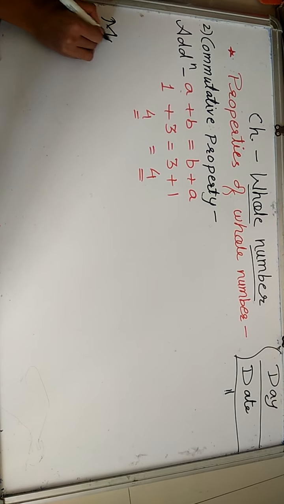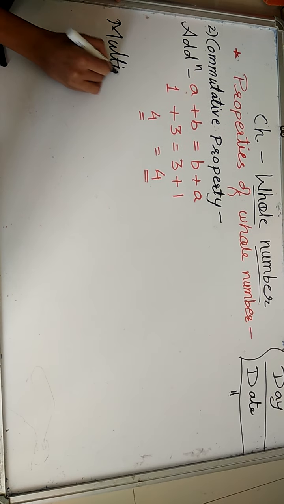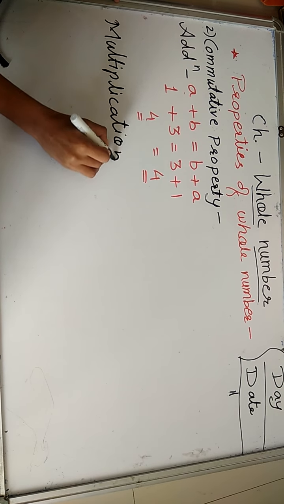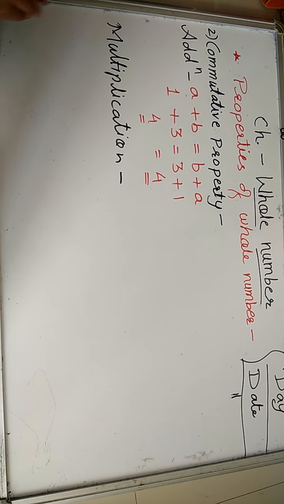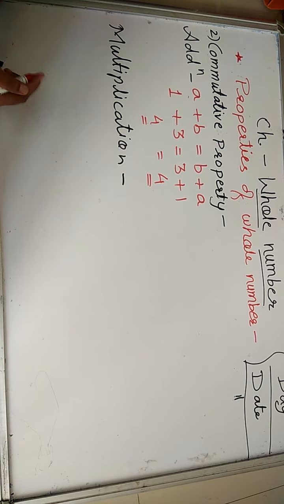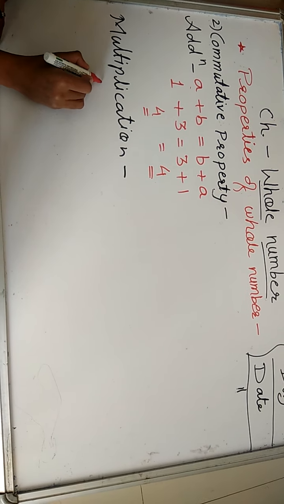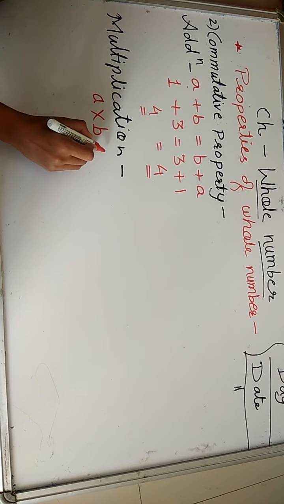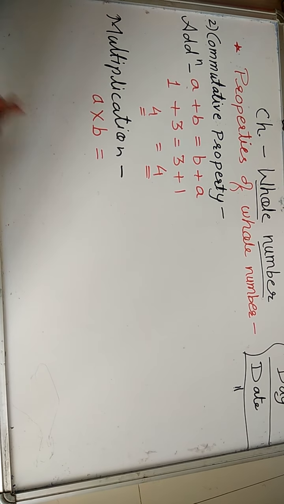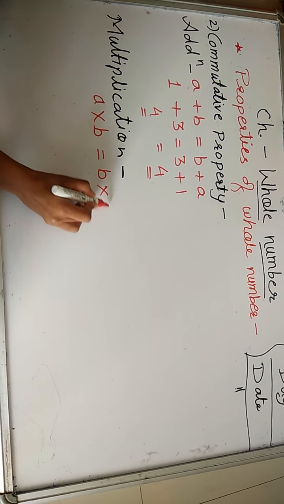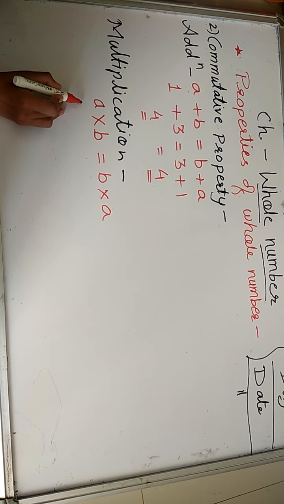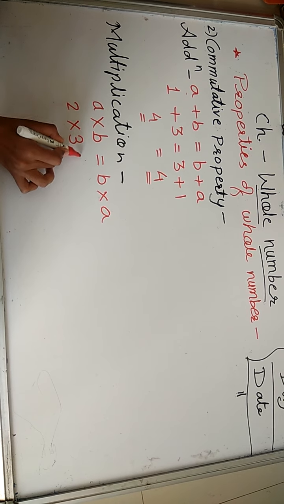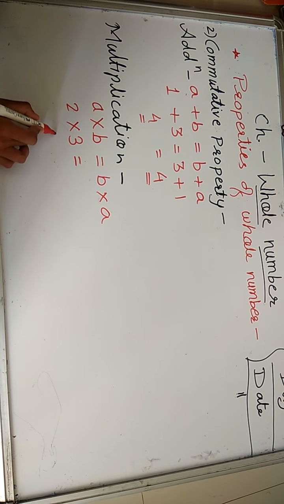Now commutative property for multiplication. If we multiply two whole numbers, their product remains the same even if we change their order. Now let's take an example. 2 into 3. 2 3s are 6.